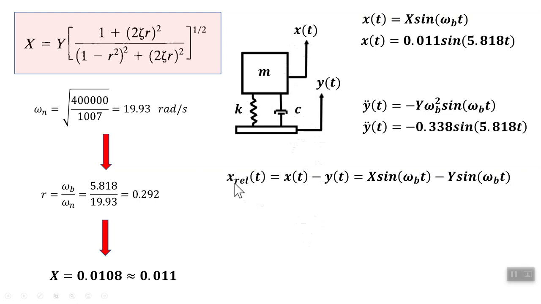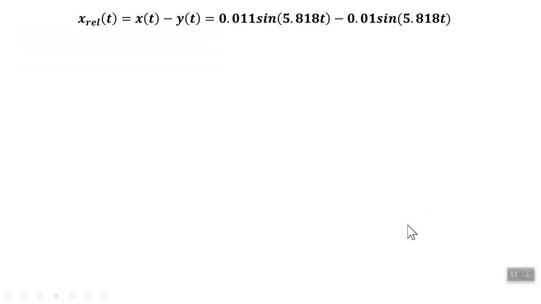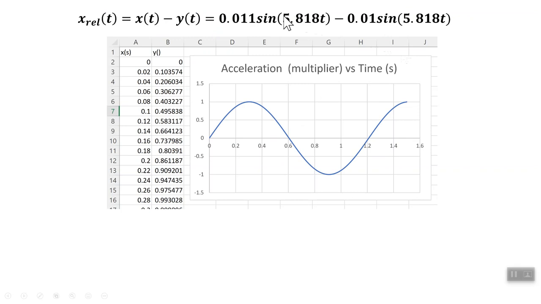So the relative displacement is going to be x minus y. And if I plug in the values that I just know, basically the relative displacement is just a very small number, 0.01 sine of this, because notice that these are the same sinusoid, it's just the difference of these two amplitudes.